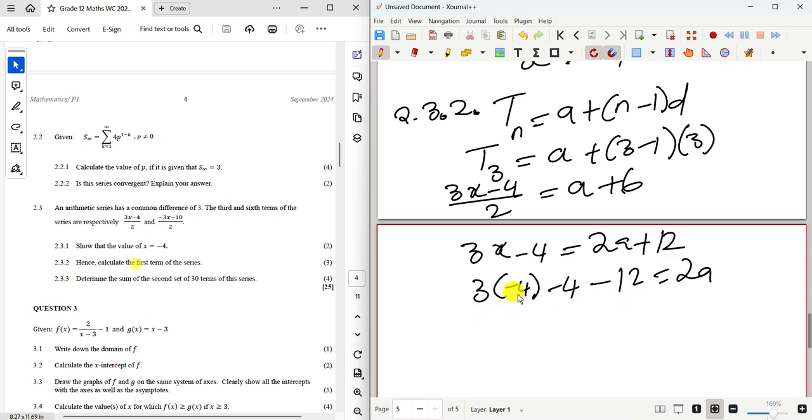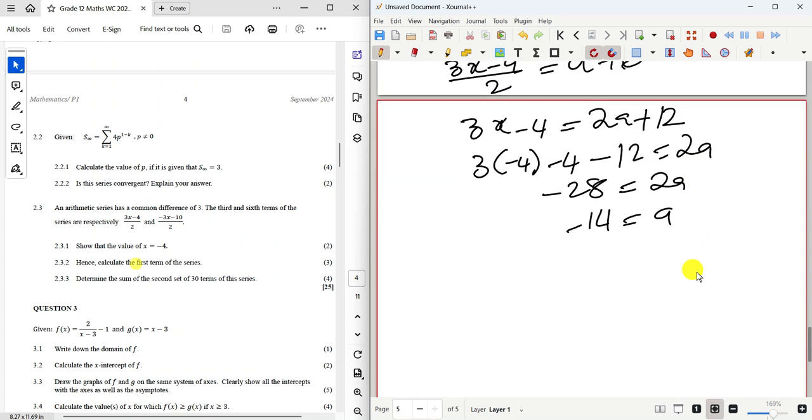So that is 12 minus 4 is 8, minus 12 is negative 4... negative 28 equals 2a. Therefore, a is not just 14, but negative 14. All right, a is negative 14.